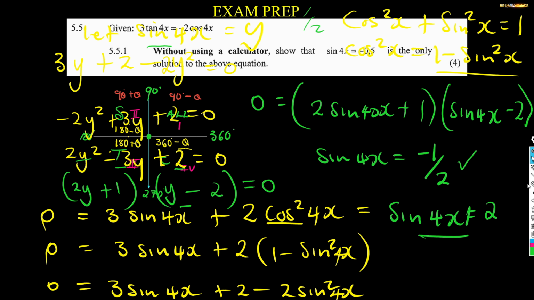So we now know that our sine 4x equals -1/2, and this is what we were looking for. I hope that you understand the approach and you are going to use it in the exam.